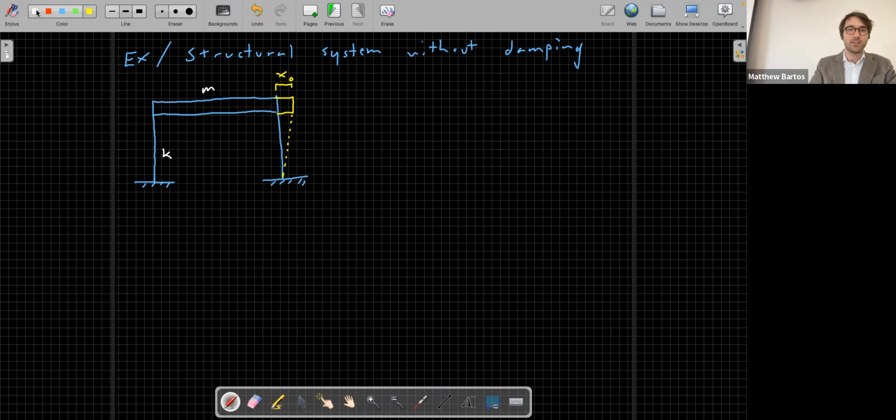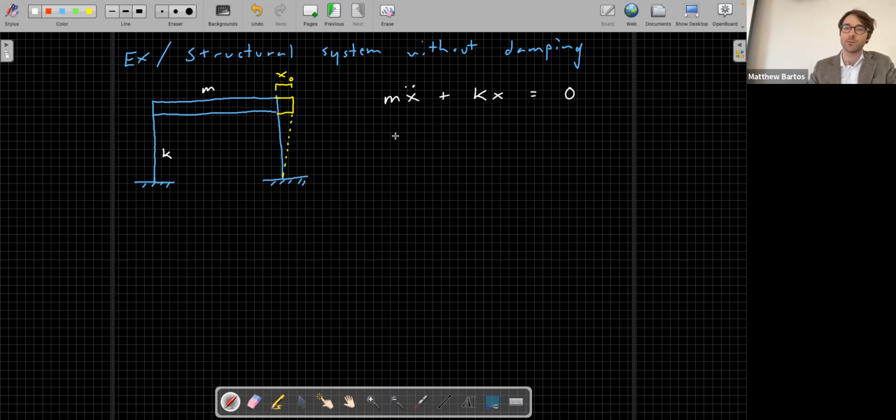Okay, we know that the dynamical equations that describe the motion of the system are given by Newton's second law. We have m x double dot plus kx is equal to 0. Okay, this is just coming from Newton's law. And let's specify our initial conditions. How many do we need here? 2, right?